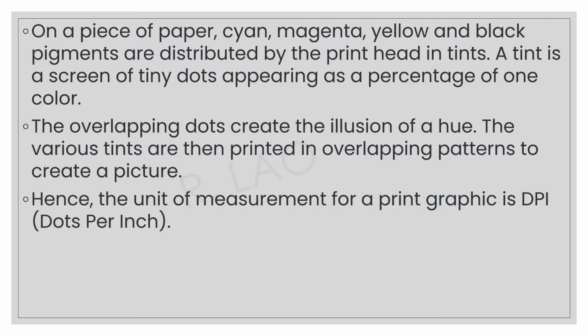Hence, the unit measurement for print graphic is DPI. That's dots per inch. Kung sa digital, PPI. Okay? Pixels per inch. Dili naman niya dots per inch. If sa printed. Okay?